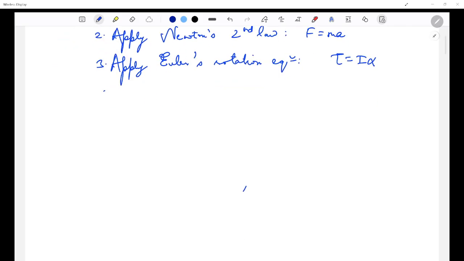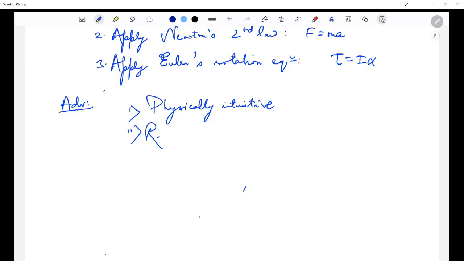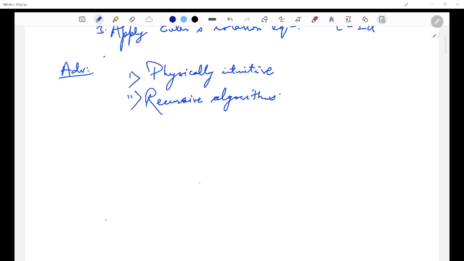Okay. So what are the advantages of this method? This is important. It is very physically intuitive, and it is efficient for recursive algorithms. One of the disadvantages of this method is that it requires many vector calculations.